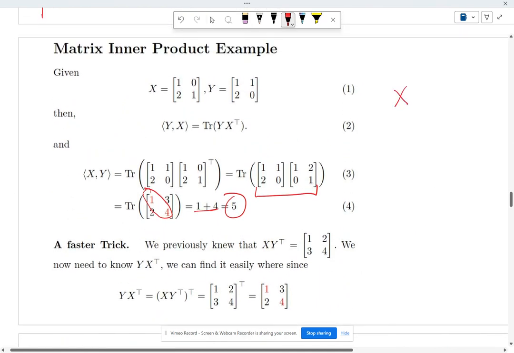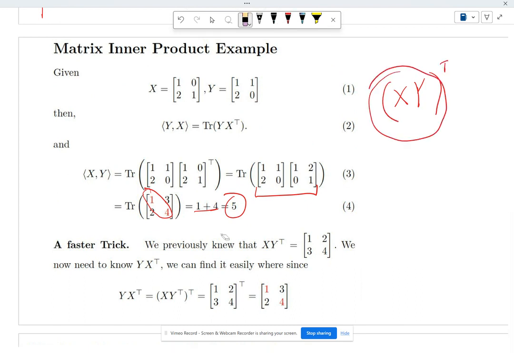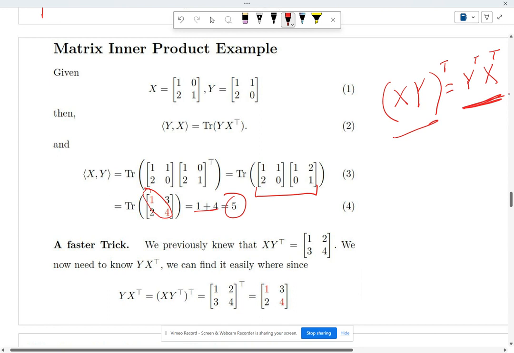If you have x times y, and you want to take the transpose after you multiply them together, there's a very interesting property, which is this is equal to y transpose x transpose. So you flip them, right? xy becomes yx. And then you put the transpose on both of them. So they're actually equivalent. Taking the transpose after is equivalent to taking the transpose first, then dot producting them together.